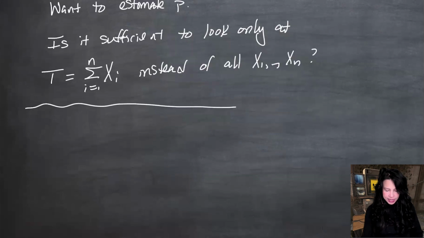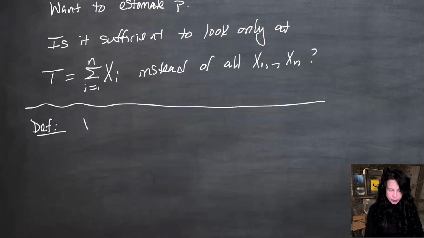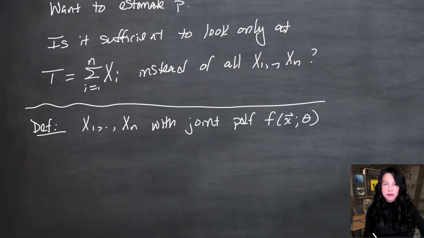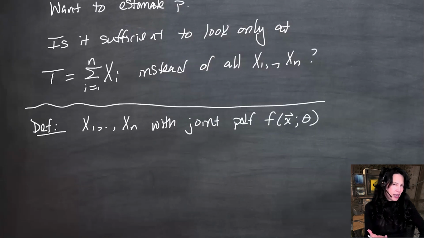Okay, so here is a definition. Suppose we have x1 through xn with a joint PDF f of the vector x and theta, which for us is probably a product of individual things, probably x1 through xn are IID.